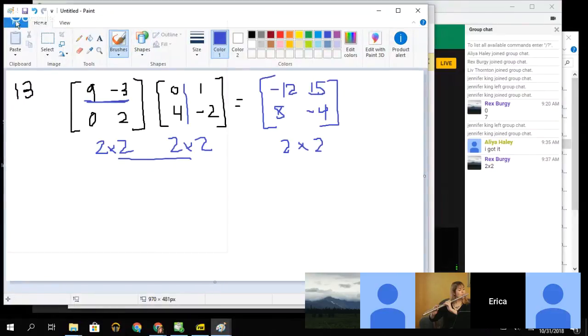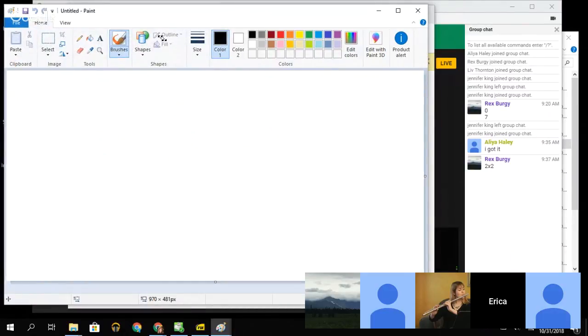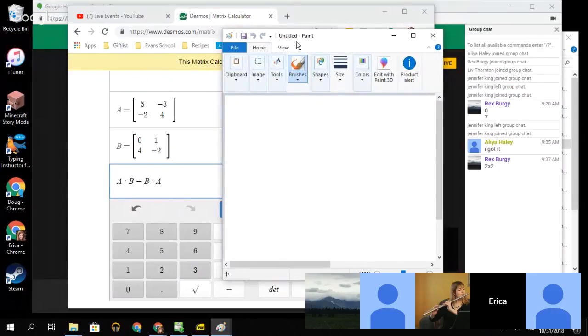Okay, so let's see if we can do it. Matrix A is 5, -3, -2, 4. And I wanted you to find the determinant of this matrix.